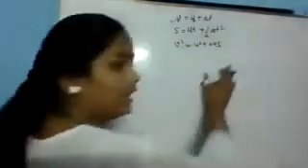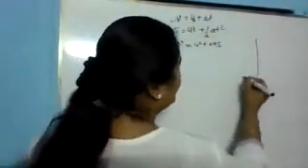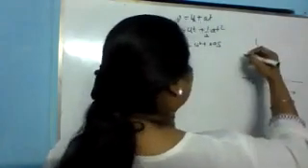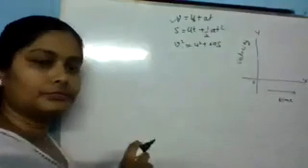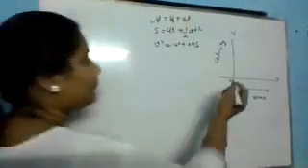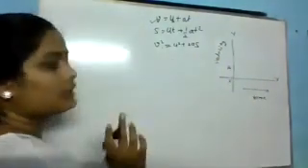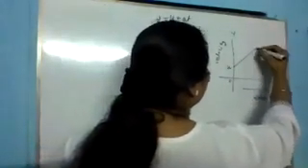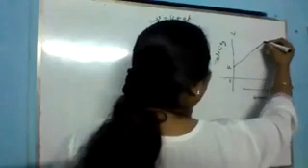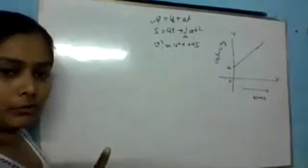Okay, so now let's start the proving. Here we have to make a graph like this. This is your time axis, and on the y axis we will take velocity. Now let's take the initial velocity of the particle as u, and this is uniform motion. That means we are getting a straight line. A straight line means uniform motion.